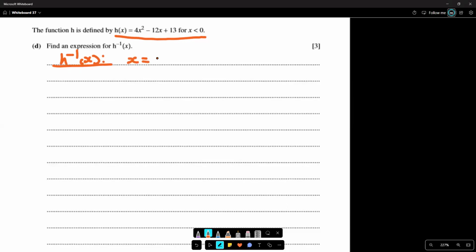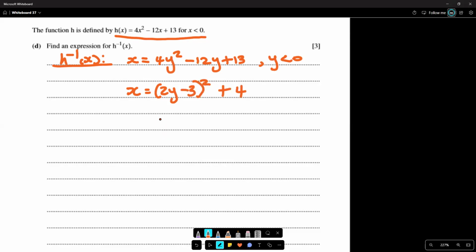This is the x, it becomes the y. So y is less than 0. But if we check, this is exactly the same as what we have been working with. So we can actually write this as 2y minus 3 squared plus 4.